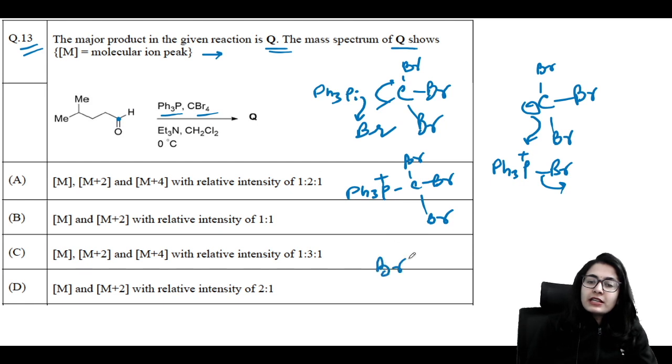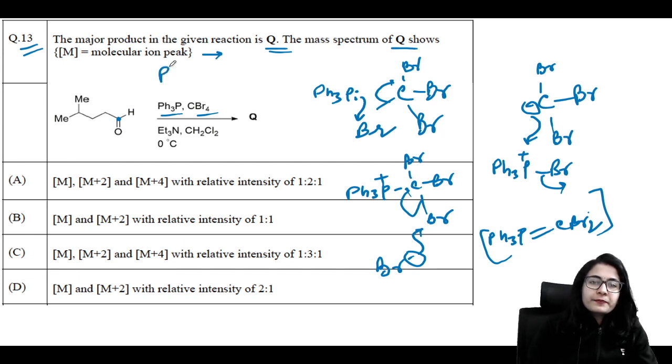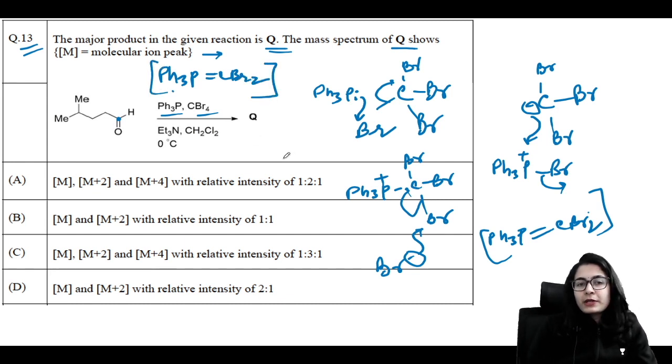So that Br minus, which got eliminated from here, is going to take away a bromine and the electron density falls on this carbon. So ultimately you have Ph3P double bond CBr2. So you just generated a Wittig ylide out of this, through this mechanism.